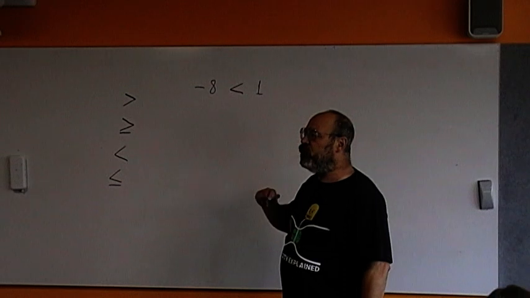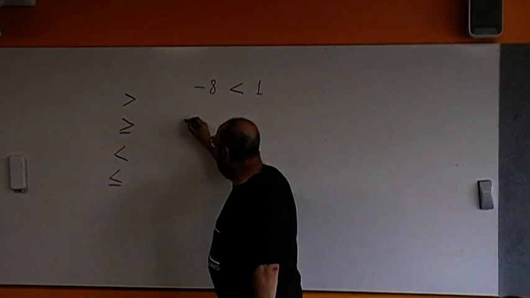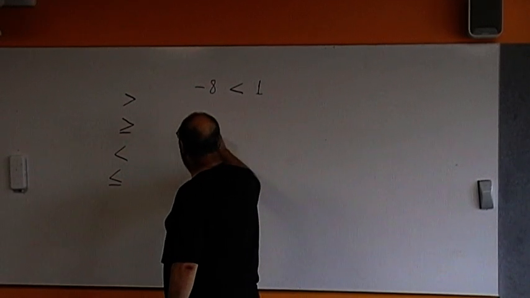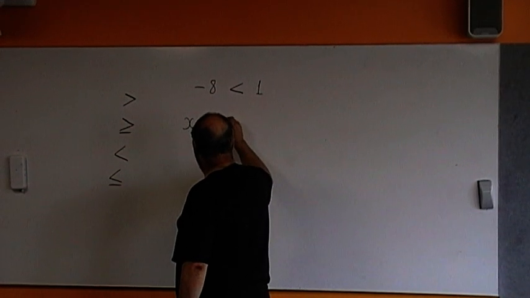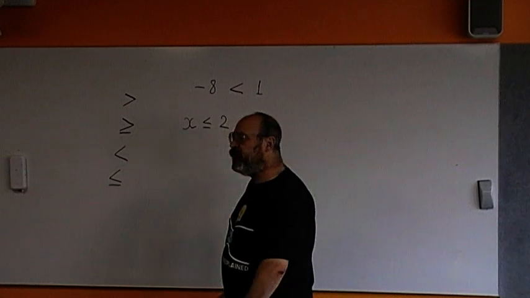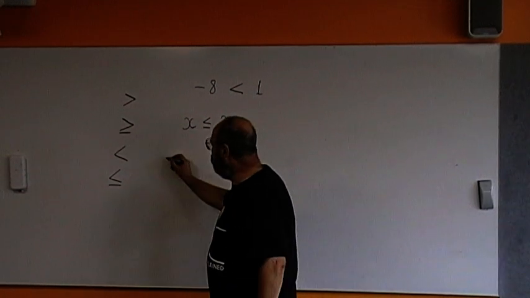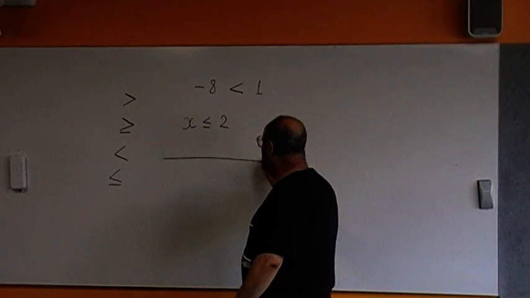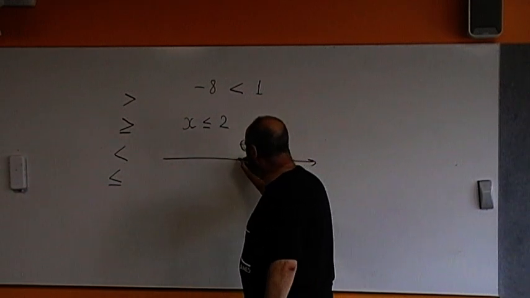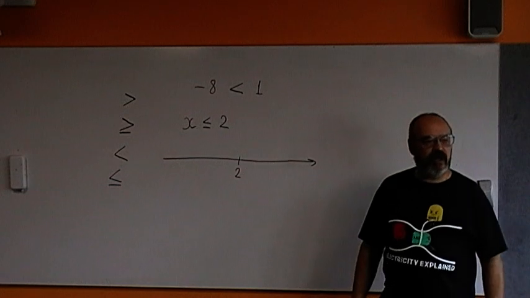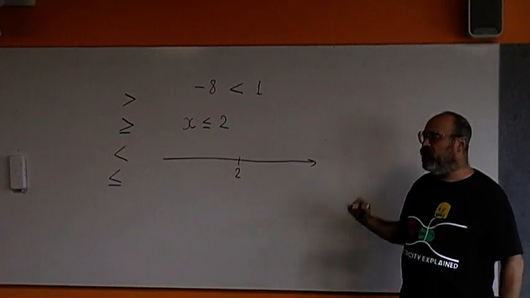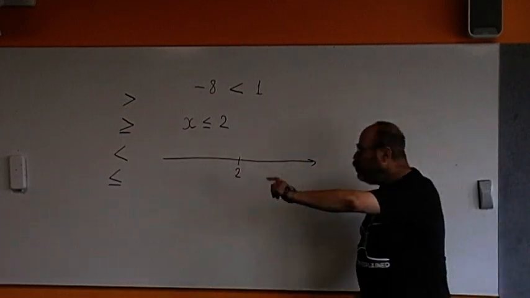But what if I write x is less or equal to 2? How can we represent it on the number line? Which numbers satisfy that condition? If this is 2, where are the numbers which are less than 2? They're to the left.